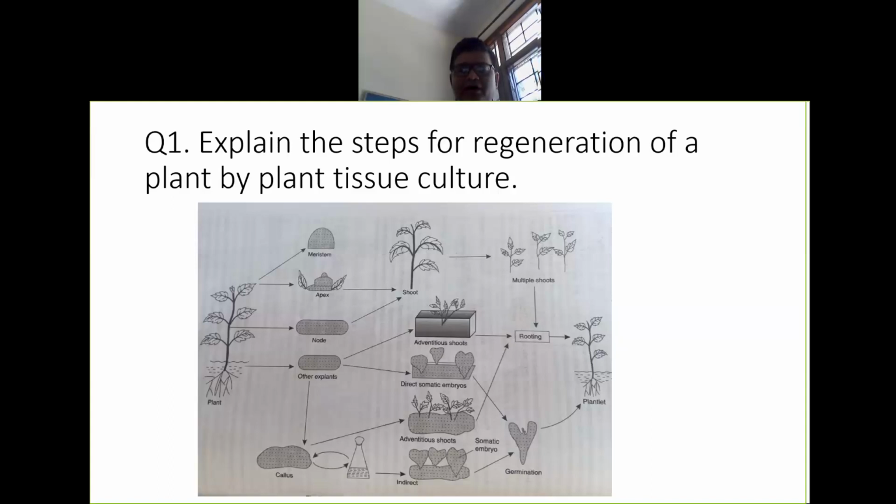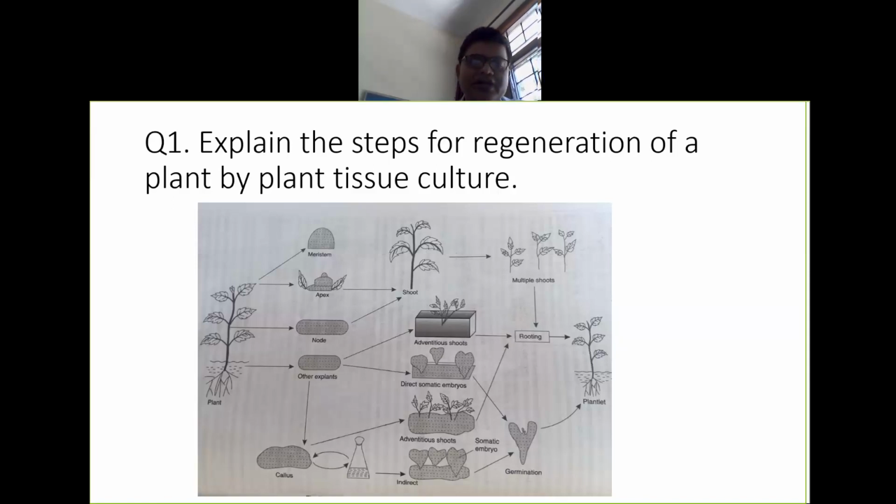And development of the whole plant from the explant is also known as organogenesis. So chemical nutrients play a vital role, meaning the media, and that media contains the growth hormones. The main growth hormones are auxin and cytokinin.